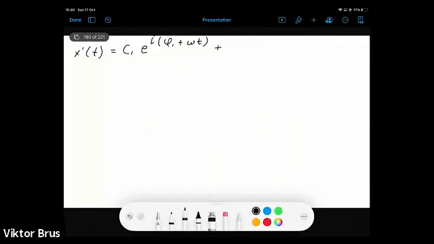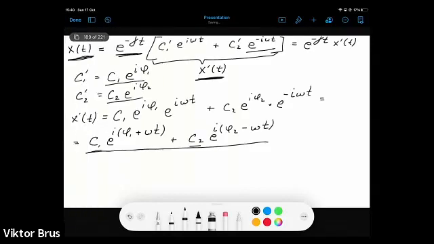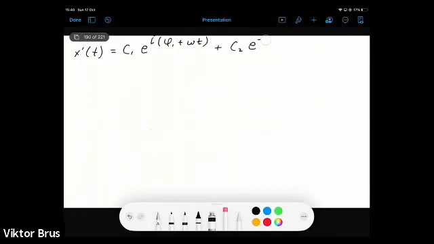And here will be plus C2 times e to the power of minus, no, here we will not have minus, we will have minus in the parentheses, minus ωt. It will be also i times (φ2 minus ωt).